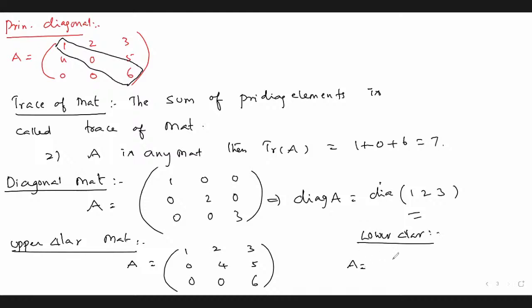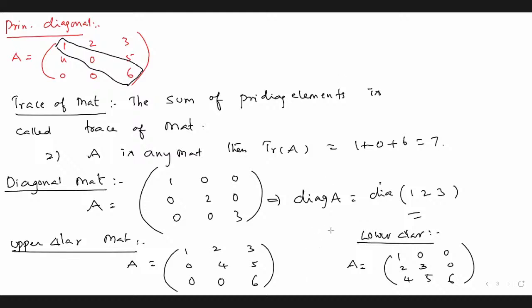Now, the next one is the lower triangular matrix. The elements above the principal diagonal are 0: 1, 0, 0, 2, 3, 0, 4, 5, 6. This is called a lower triangular matrix. That means it is the reverse. It forms a triangle on the lower side of the principal diagonal.